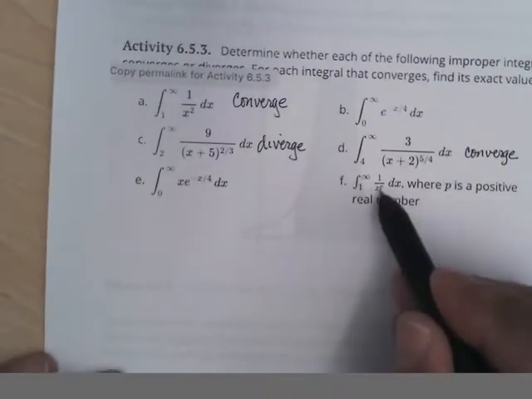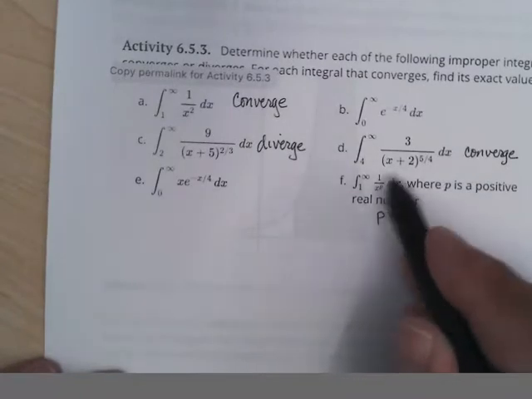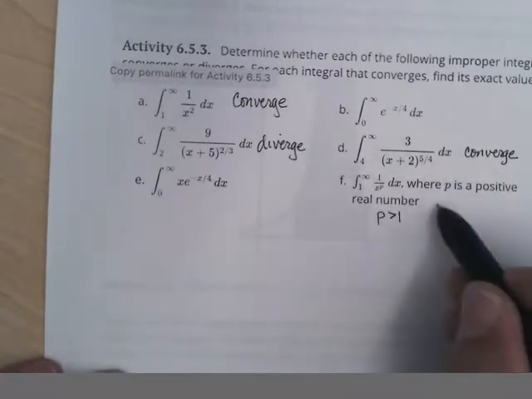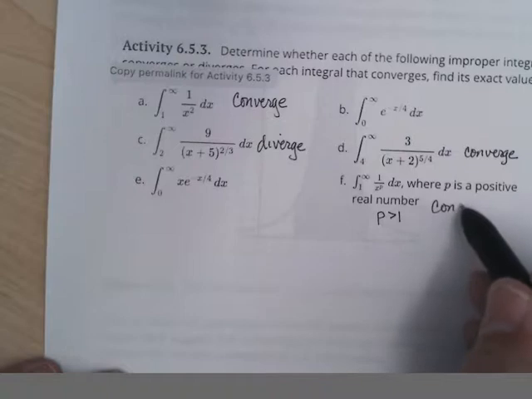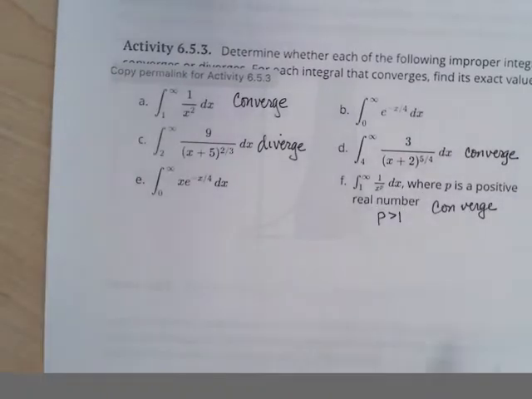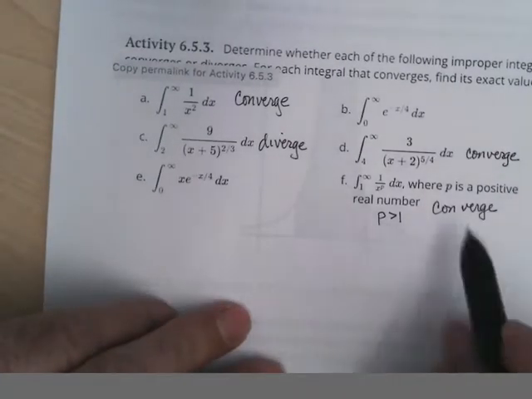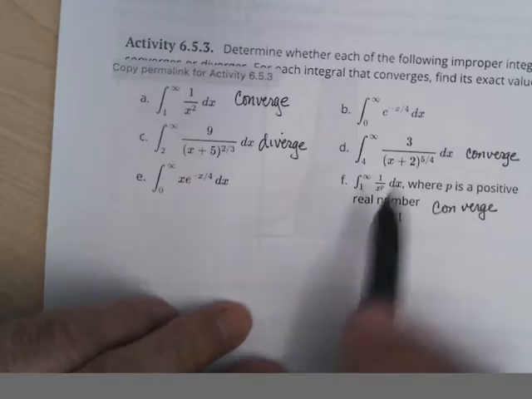And this, if we're going to infinity, as long as p is greater than 1, this will converge. And you could actually do it with a p in there, and you can figure out that it approaches 1 over p minus 1, I think it is. It's in problem 7 they do that one.